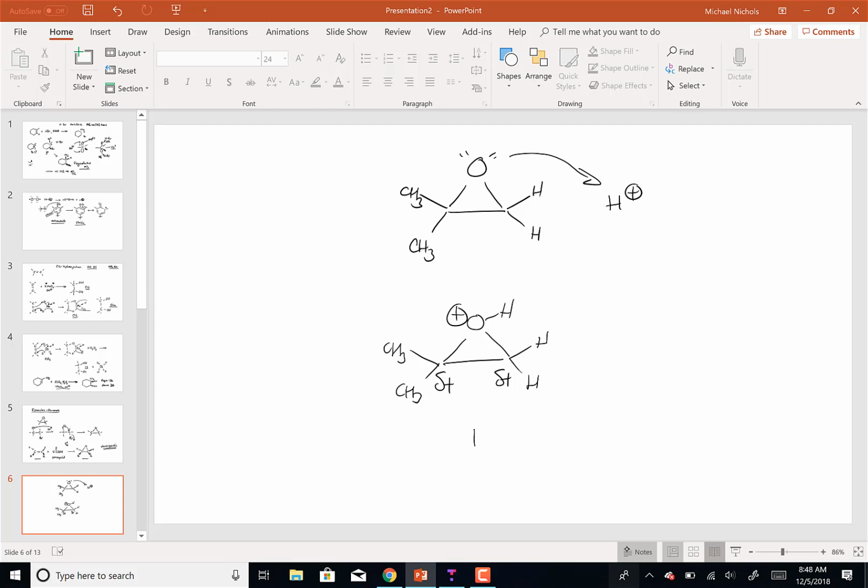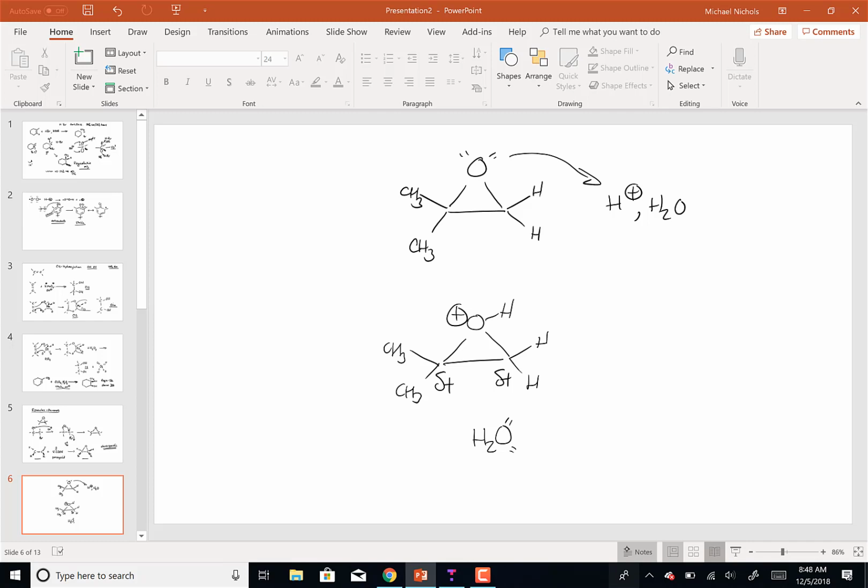Let's see, how about I add a water. So the reaction would be H plus H2O, and the first step is protonate the oxygen, and now I have a water molecule. The water molecule is going to react with that protonated epoxide.